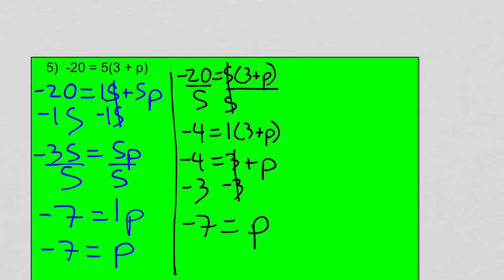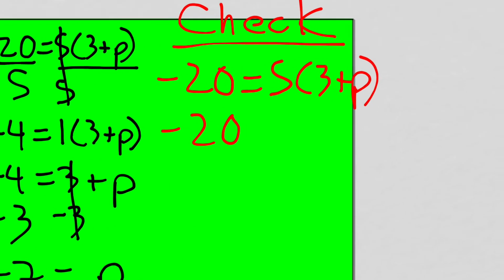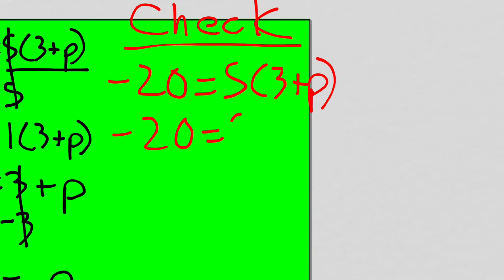And then the check. I'm going to start with the original equation. Negative 20 equals 5 times 3 plus p. I'm going to substitute in my answer for p, which was negative 7.